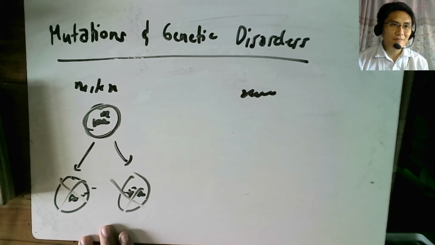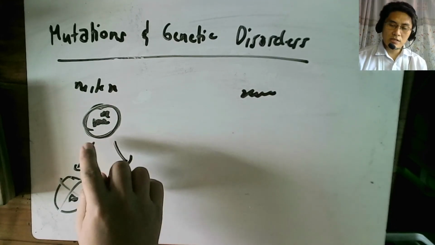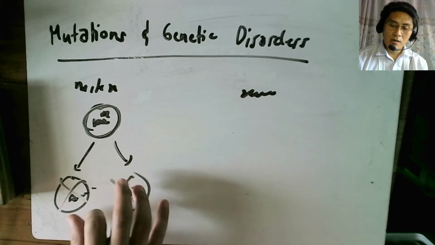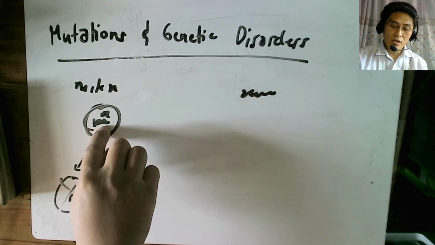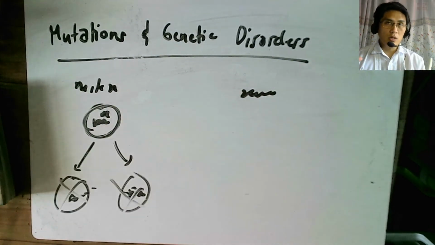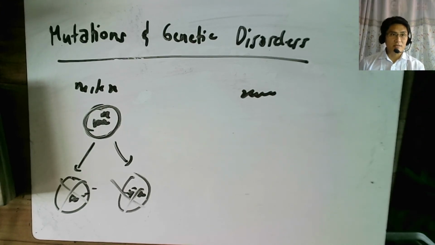And since there are many muscle cells, and the mutations are specific to the particular cell in which they occur, it doesn't affect the whole family of muscle cells.